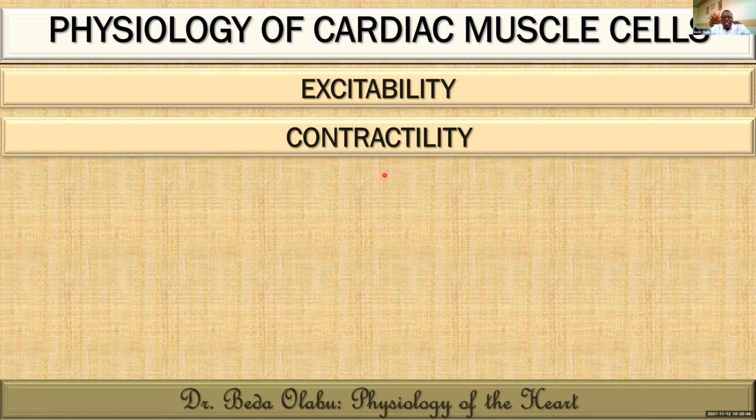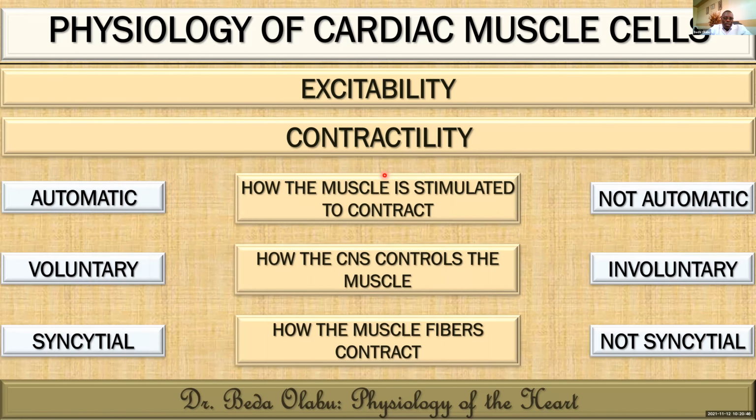But there are some specific things we said that you need to check when you're describing physiological properties of muscle. And one of them is automaticity. On that note, we say that cardiac muscle is automatic. This is to mean that it can generate electrical impulses even without external stimulation.